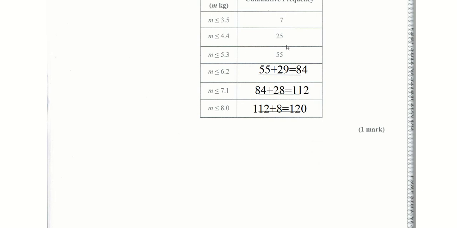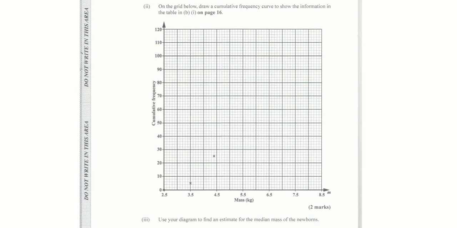At 4.4 it's 25. At 5.3 it's 55. At 6.2 it's 84. At 7.1 it's 112 and at 8.0 it's 120. So we have the values there.